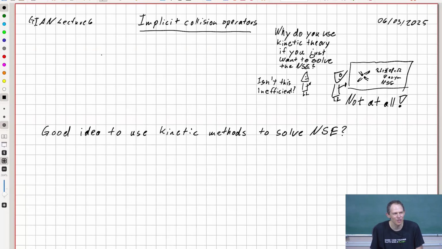We just want to solve the Navier-Stokes equation. Isn't this easy? Aren't there easier ways to do this? So, what is the most important reason why you should not use a kinetic method to solve the Navier-Stokes equation? The reason here is that you need to resolve the particle collisions.